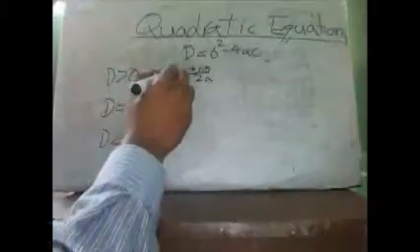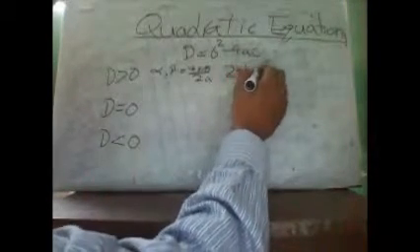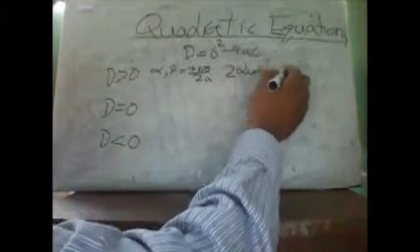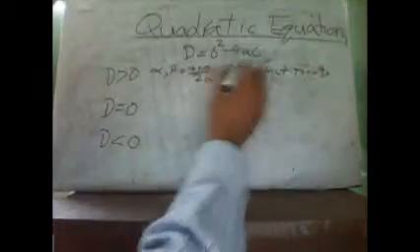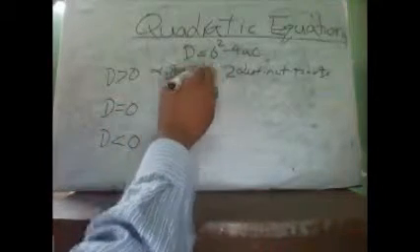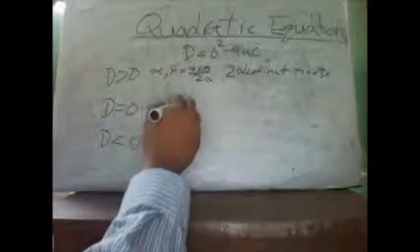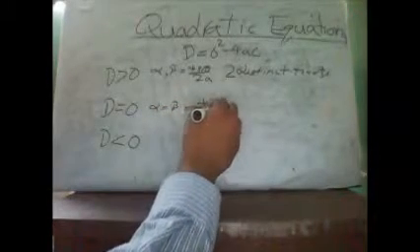That would mean that we would have two distinct roots. When D is equal to 0, this quantity would be 0, and in this case we will have two same roots, alpha is equal to beta is equal to minus b by 2a.